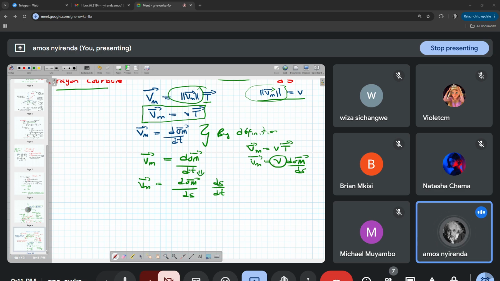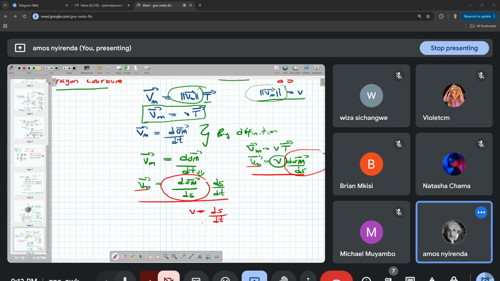So if you look at this expression and this expression, you see that this quantity here is the same quantity that is here. It simply means that because these two equations describe the same thing, by identification, the magnitude is going to be given by ds divided by dt.